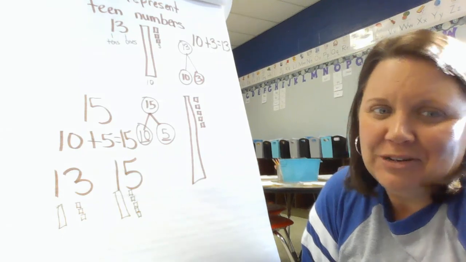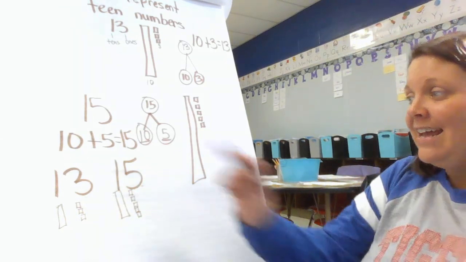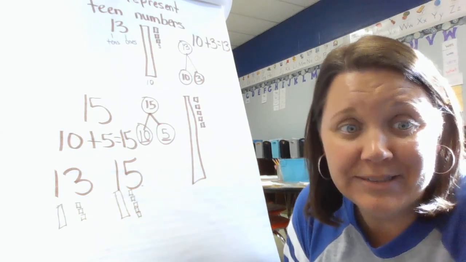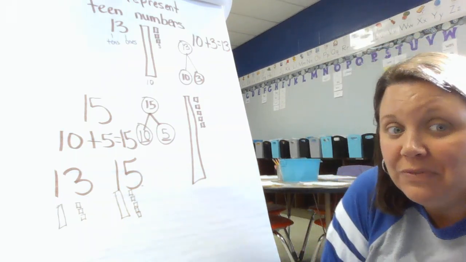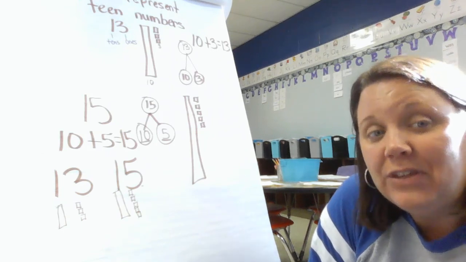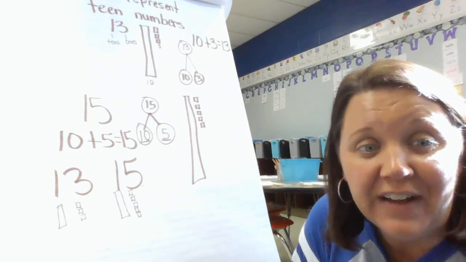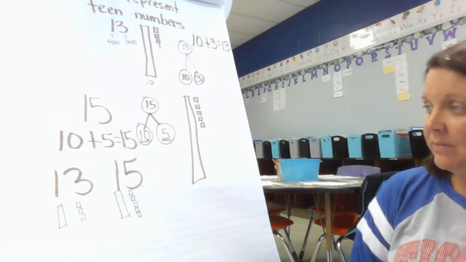But you can also look at the digits. This side has a 3 in the ones place, and this side has a 5 in the ones place. And we know 5 is greater than 3. So they're not the same number. Even though they have the same digit in the tens place, the ones place determines their value, what they're worth.